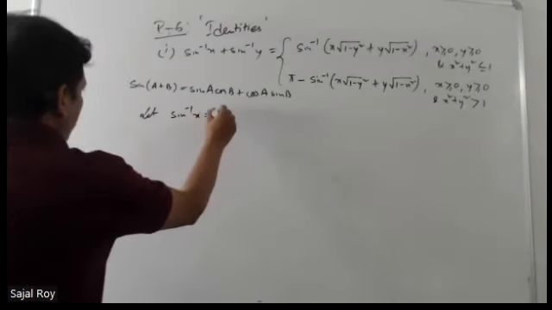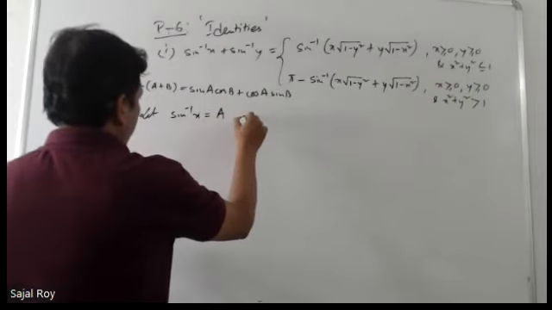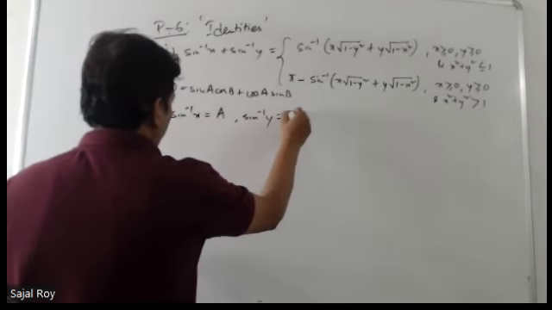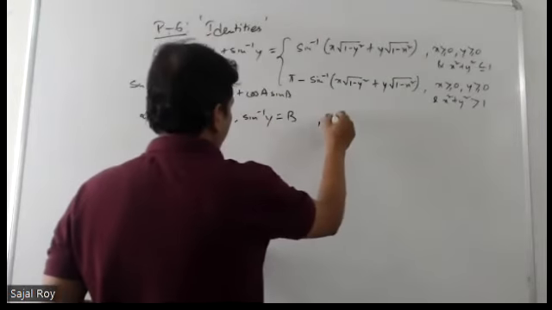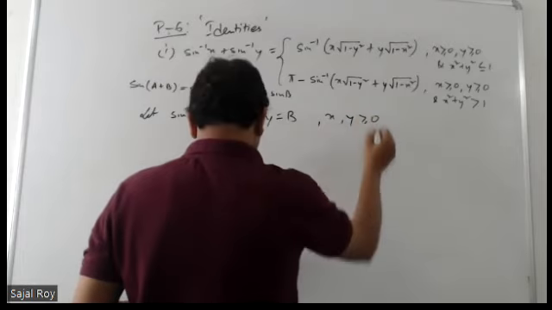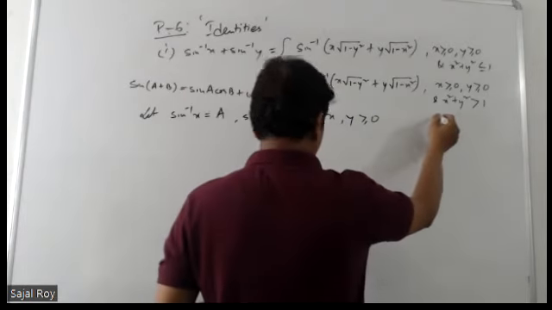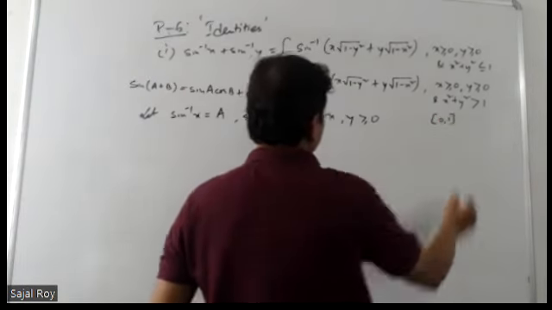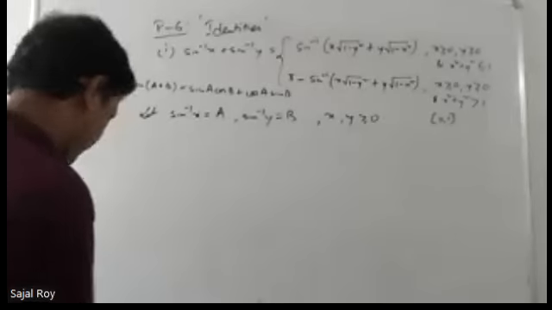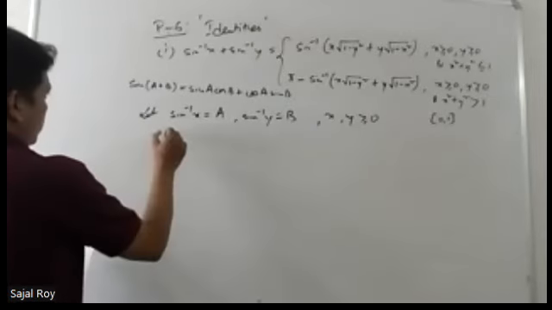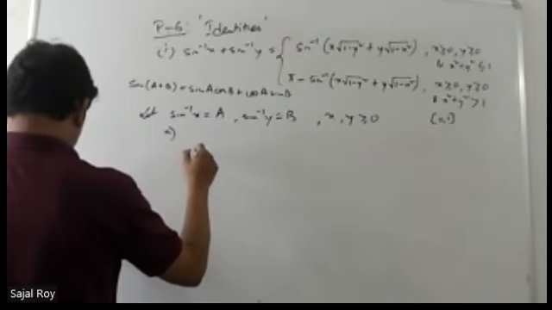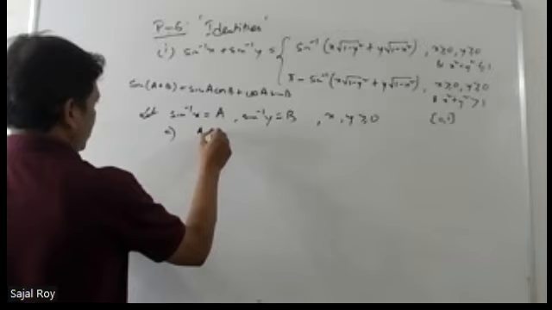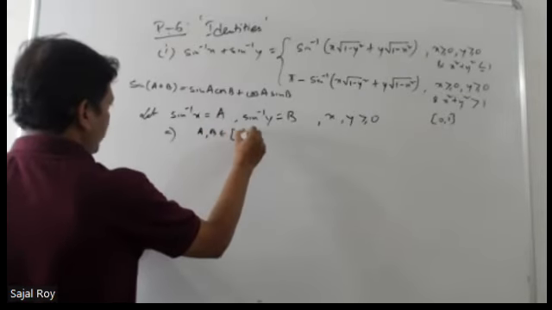Let sine inverse x equal to a and sine inverse y equal to b. x, y greater than or equal to 0. That means x, y belongs to 0, 1, positive. Okay. So a, b belongs to 0 to pi by 2, right?